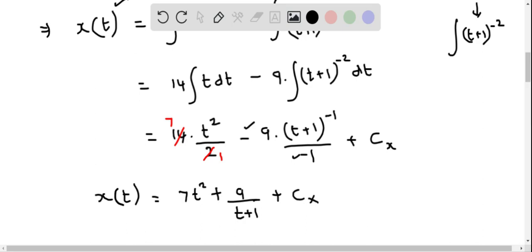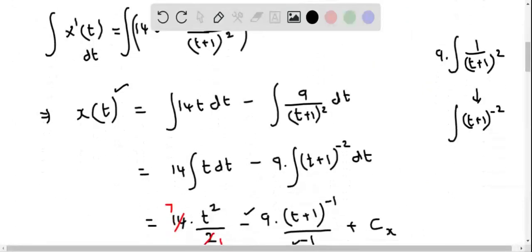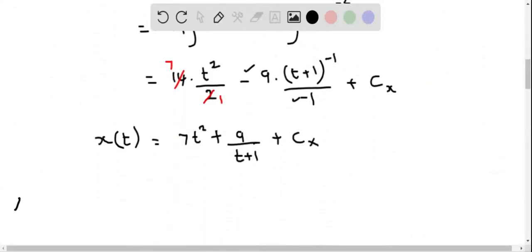Now we will use the initial condition, that is r of 0 is given as 10 comma 6, and this means x of 0 is 10, and y of 0 is 6. So let's plug in t equal to 0 here. We are given that x of 0 equals 10. When you plug in t equal to 0, it becomes x of 0, and we already know that x of 0 equals 10.